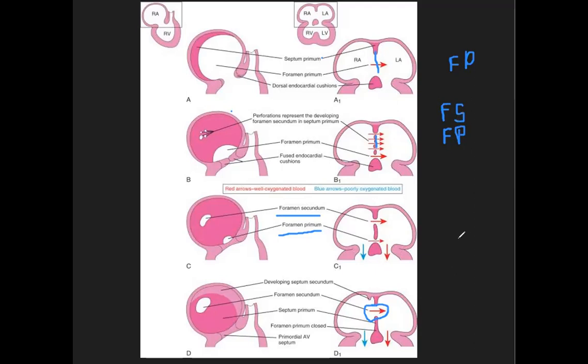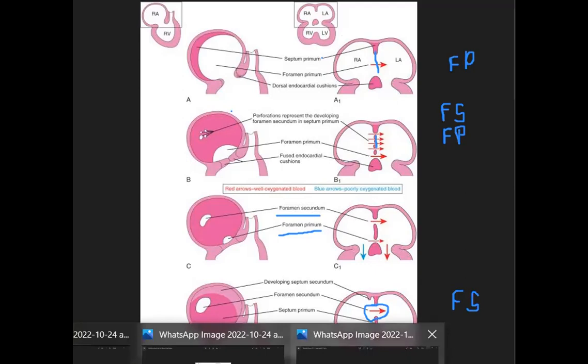But in the end, we have only foramen secundum left, and foramen primum is closed. Why and how is foramen primum closed? It is closed by the upward movement of the endocardial cushion, and it is closed because we don't want so many foramens. So this is up till here.